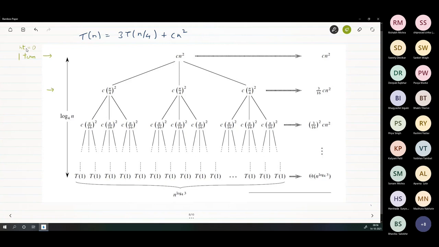Height equal to 0, we have one term. Height equal to 1, we have 3 terms. Height equal to 2, we have 9 terms. Do you see where this is going? So at this height, log to the base 4 of n, how many terms will we have? Can you tell me now? Can you guess?